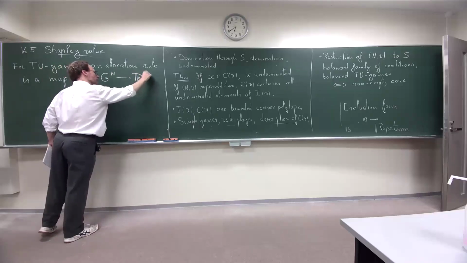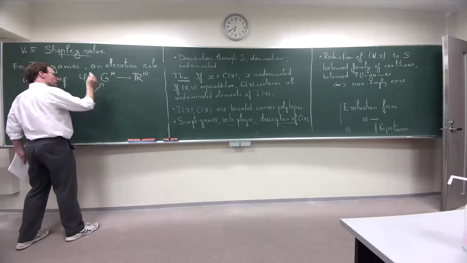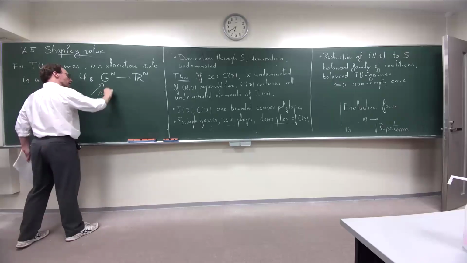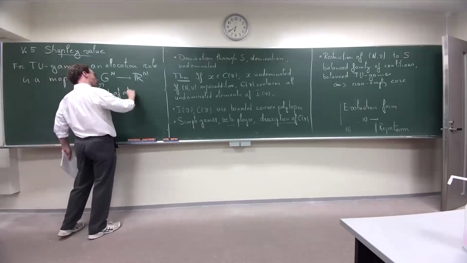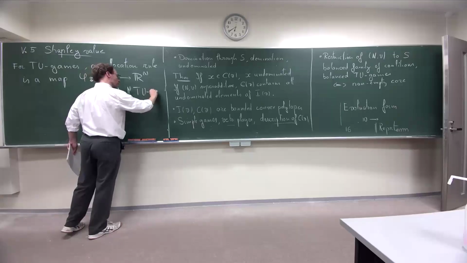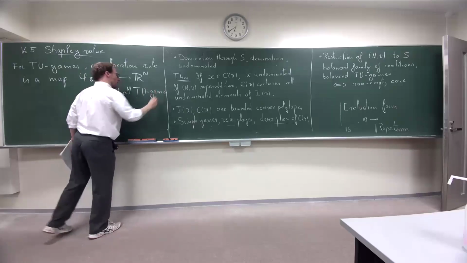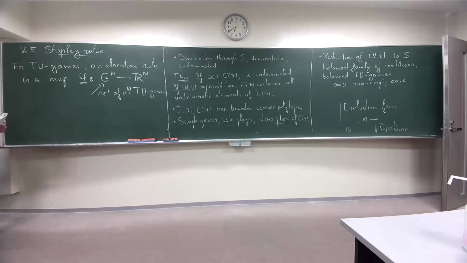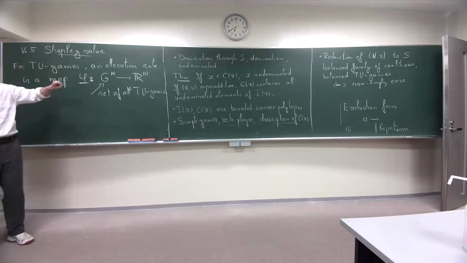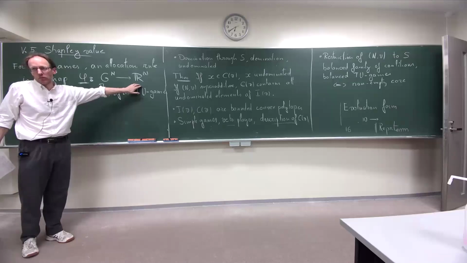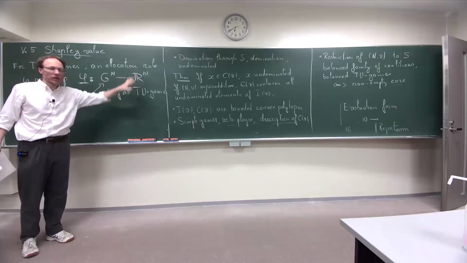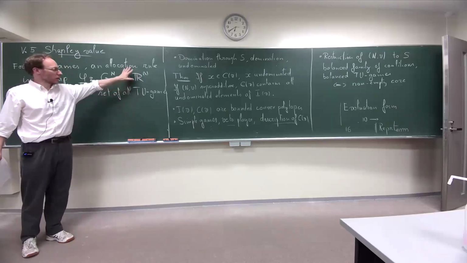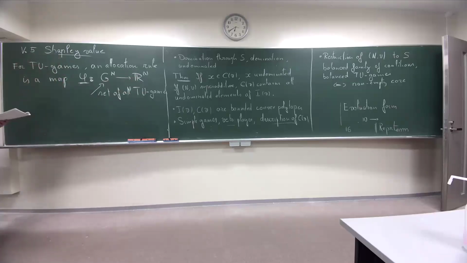So what is Gn? Gn, I remind you, is the set of all TU games. So we would like to have one function which takes any TU game and sends it to one point. And this point is a way we distribute the allocations, or we distribute the utility or the money. So this is what we are looking for.